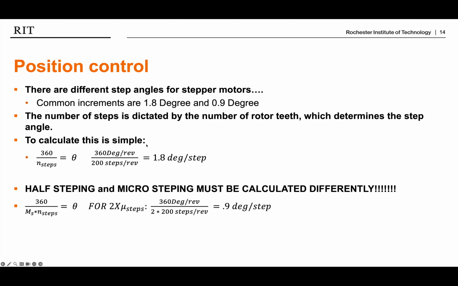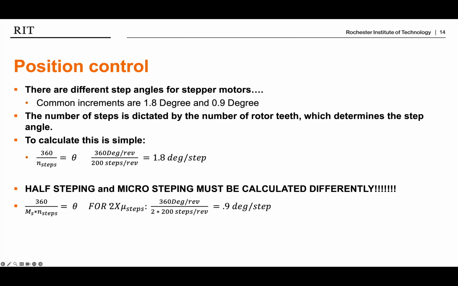Now I can play other tricks, and these tricks will be calculated differently. I could have something called micro stepping, for example, and I'll briefly post a little bit of a lecture for those who are interested, but this allows me to increase the resolution of my motor.